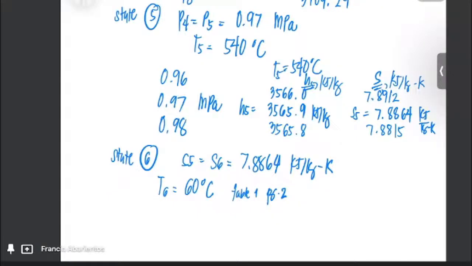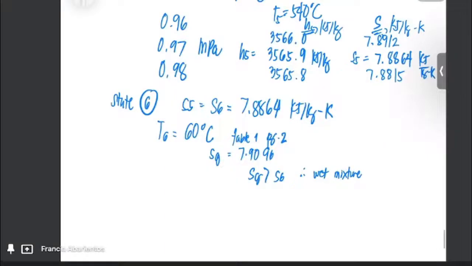So, it falls under now the saturated. Yung SG natin is 7.9996. So, mas malaki na siya kaysa sa S6 natin. So, fall siya sa wet mixture natin.